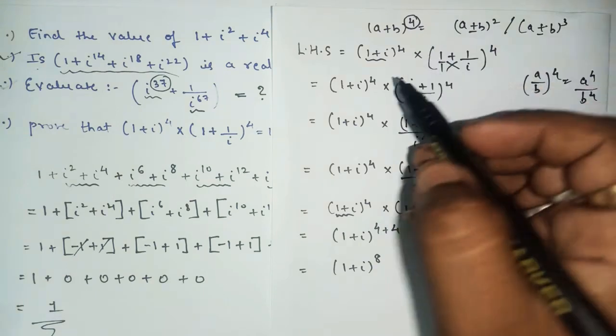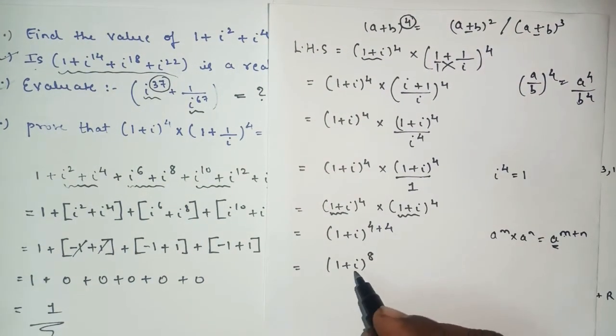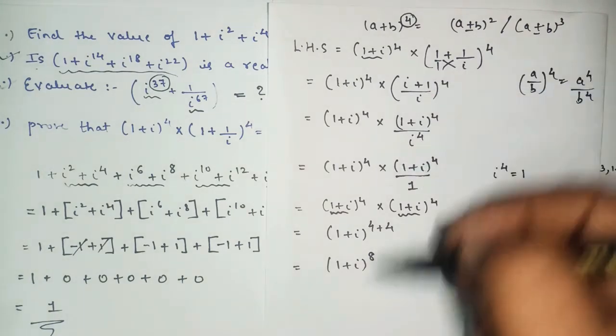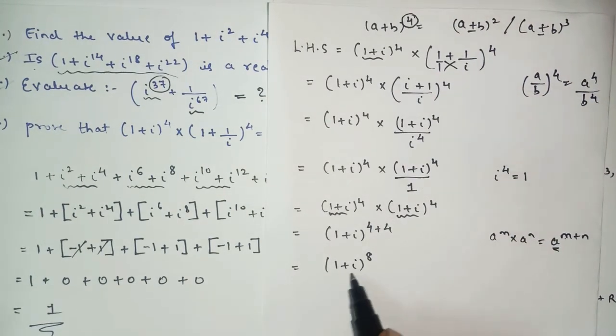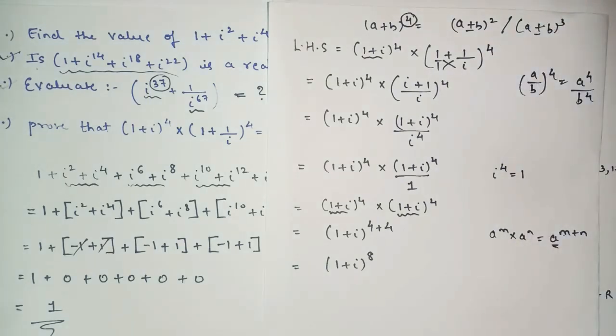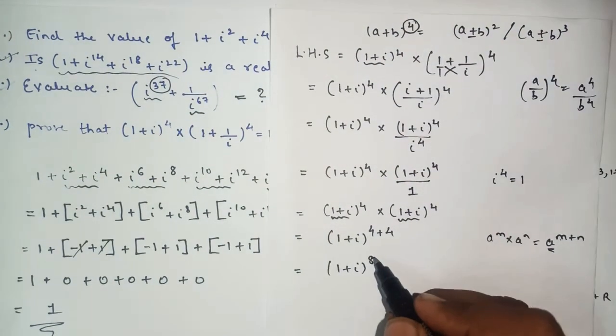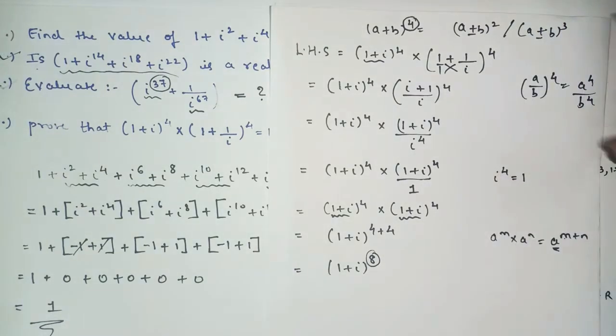So again we come to the conclusion that we cannot apply the indices formula here. So here we'll try to convert this power 8 with respect to 2 or 3.